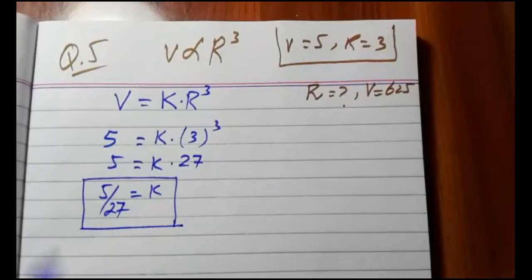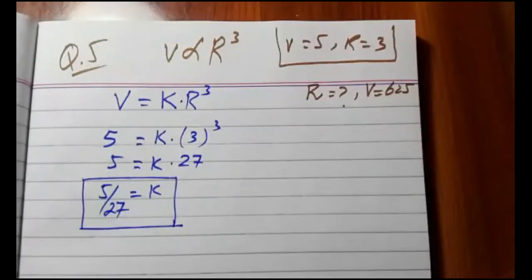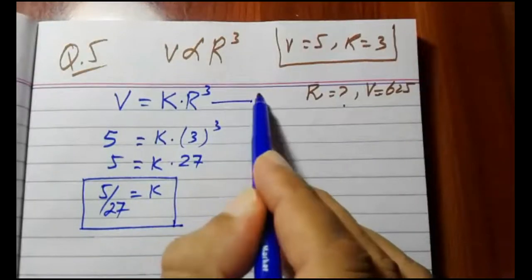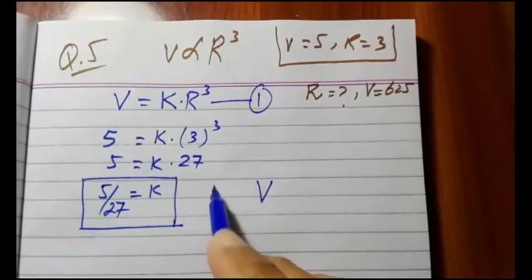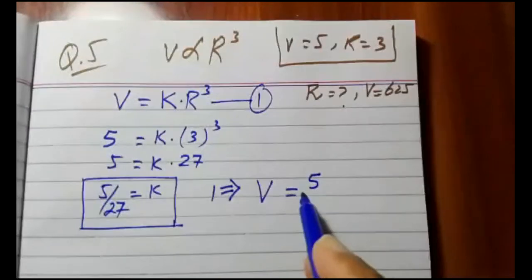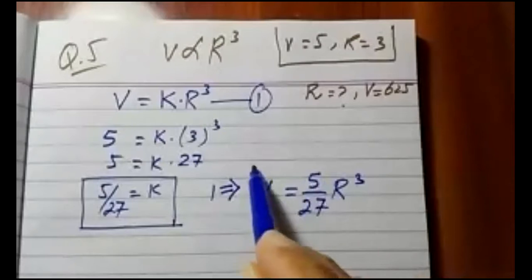This is the value of k. Now once the value of k has been calculated, you have to put it into equation number 1 so that you can connect v: v is equal to 5 by 27 times r raised to power 3. This is the formula which you have generated for this particular question.